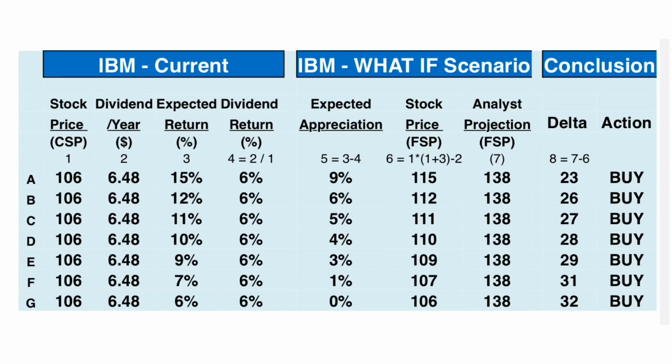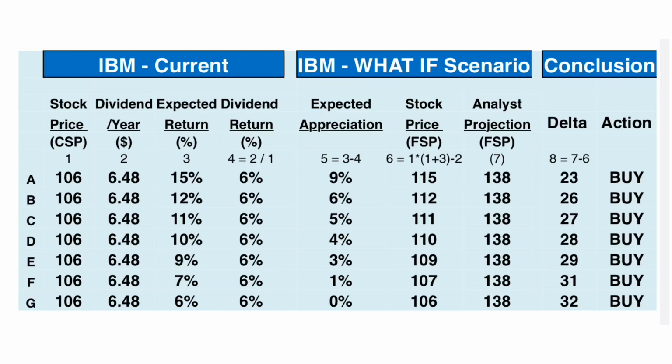And usually analysts look at a lot of very different things. Here we are just looking at one thing, which is the price: how much appreciation should I expect, or what's my expected return? And then we are comparing this to the analyst projection of the price.